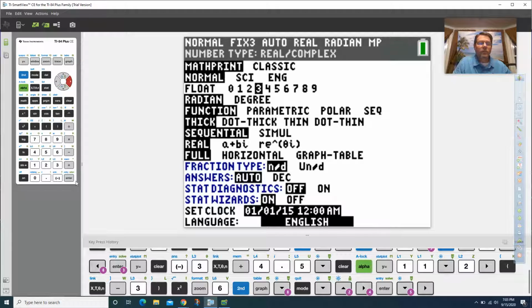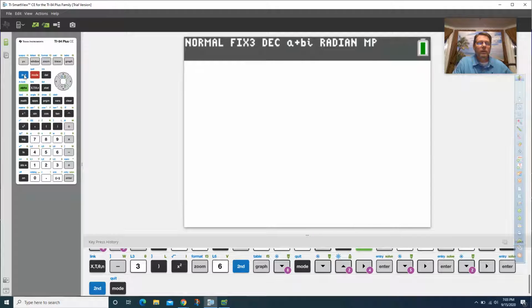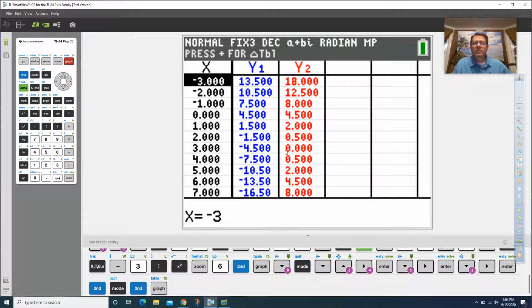One other thing, I always want an A plus BI. That's just something I like. And then I'm going to come down to answers, and I want to make sure it gives me decimals. So now I'm going to quit out of my mode, and go back to my table, and now it's giving me some decimals. And in this case, I kind of want some decimals, okay?